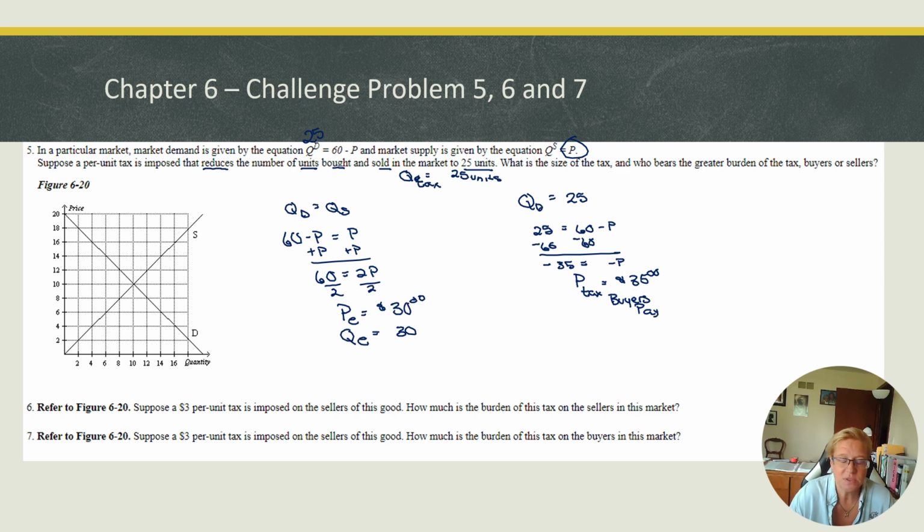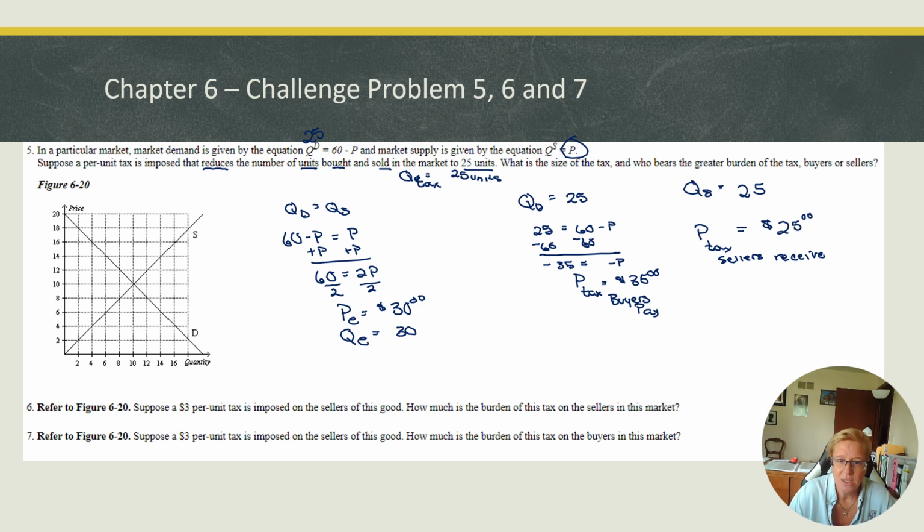For the price sellers receive, I'm going to say the quantity supplied equals 25. So therefore, the price with the tax that sellers receive is going to be equal to $25.